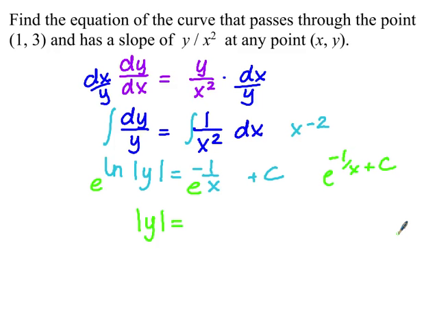If I integrate this, I get x to the negative 1 over negative 1. So then now, e to the negative 1 over x plus c basically means e to the negative 1 over x times e to the c. It's just doing the reverse of adding two exponents together.